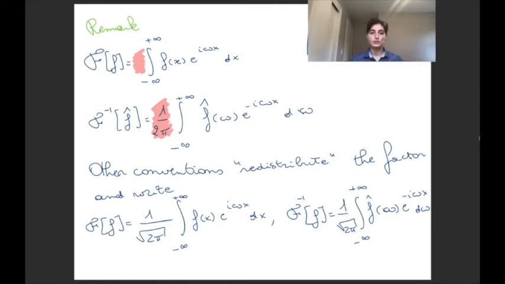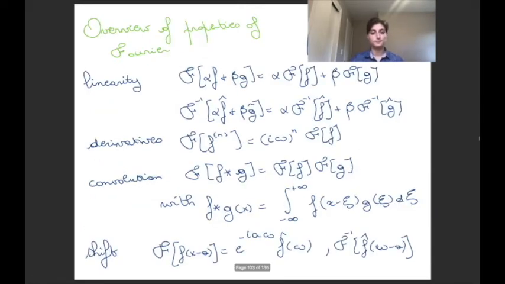But other people, using conventions different from the one we're using, redistribute this factor 1 over 2 pi between the Fourier transform and the inverse Fourier transform, giving 1 over square root of 2 pi in front of both of the integrals. This is possible. This allows the Fourier transform composed with the inverse Fourier transform to be the identity again.